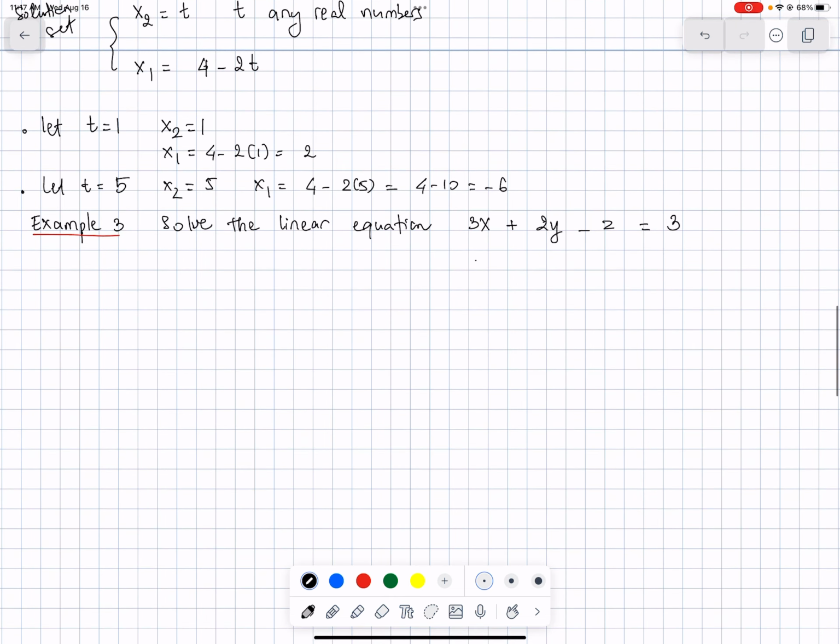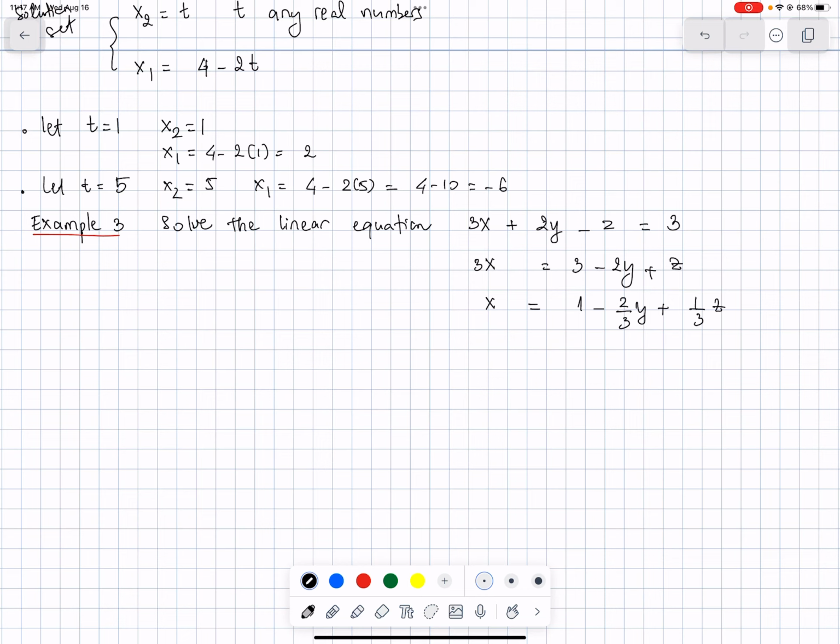Now example number 3. I will just pick one variable to solve for. Let's say I pick x, so I get 3 minus 2y plus z. For the last equation, I divide both sides by 3, so I get 1 minus 2 over 3 y plus 1 third z.